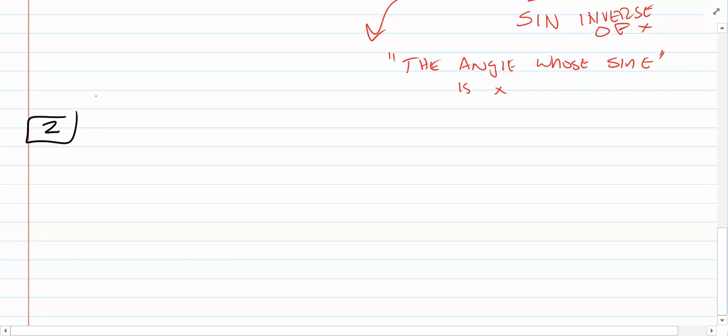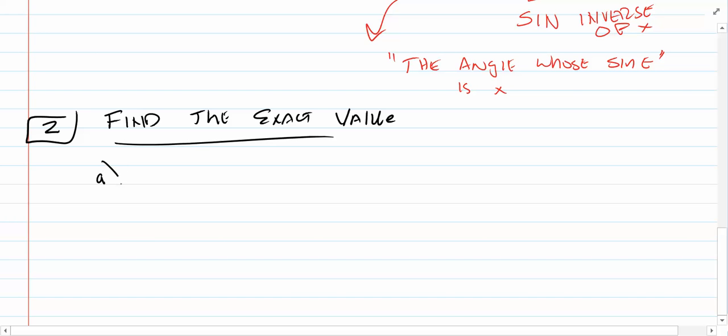So here's the idea. When we're doing lots of problems, we're going to find the exact value of these expressions. For example, part A, we're going to find the exact value for the inverse sine of root 2 over 2.